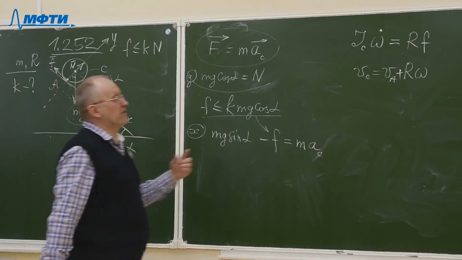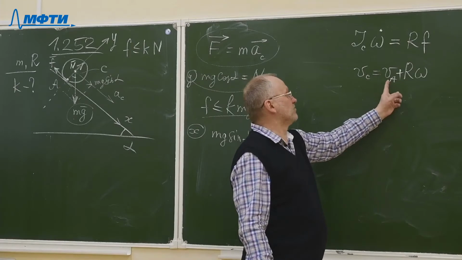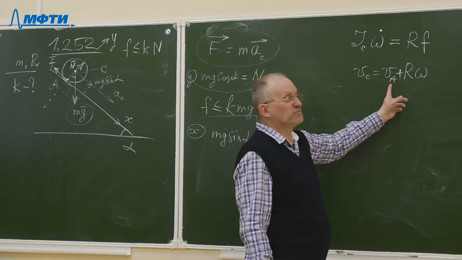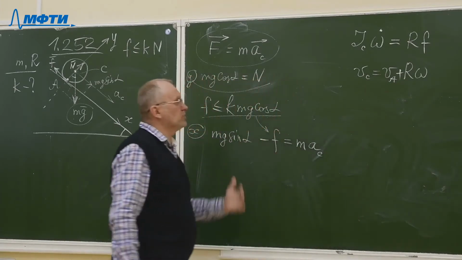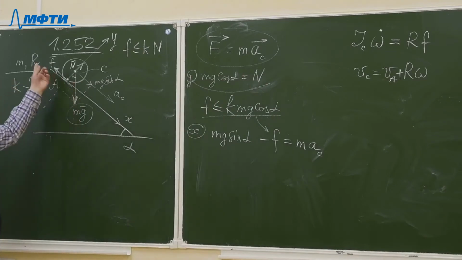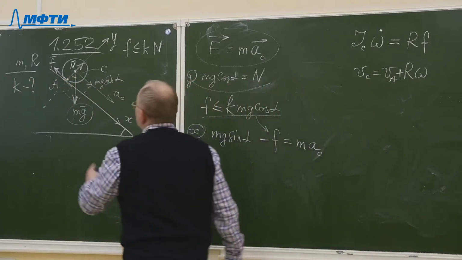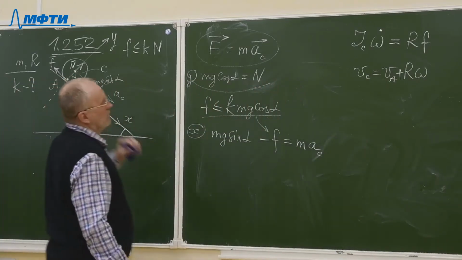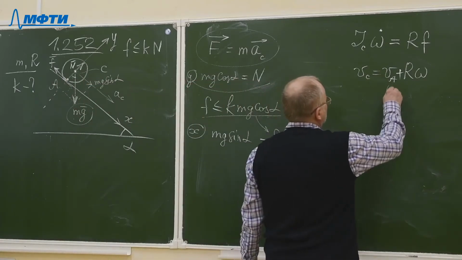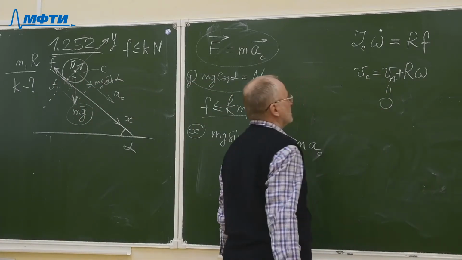If there was slipping, then point A would have some non-zero velocity with respect to the surface. But there is no slipping, so this point is in touch with the surface, and its velocity is 0 with respect to the inclined surface.